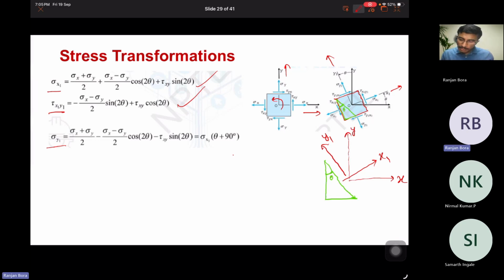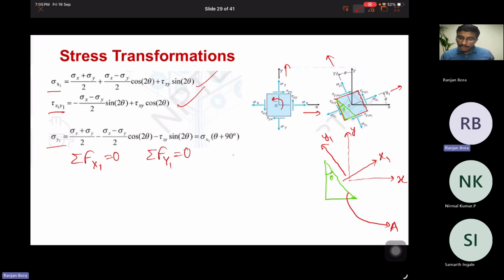This is the direction of y. Let us take the area of the slant part as A. Now we will use the equilibrium equations, which are summation Fx1 is 0 and summation Fy1 is 0.